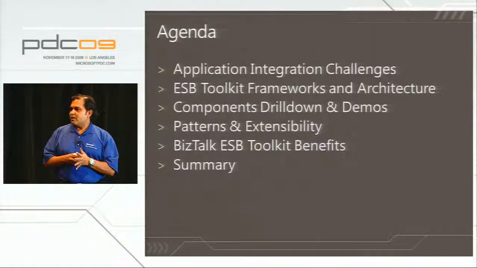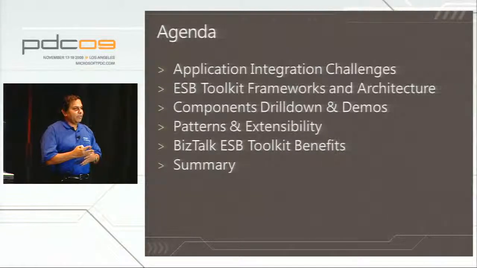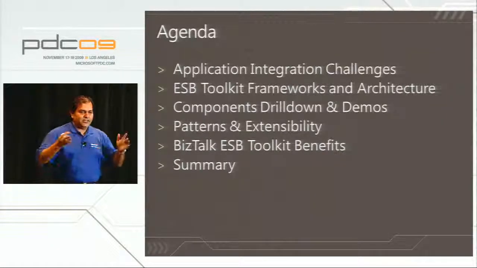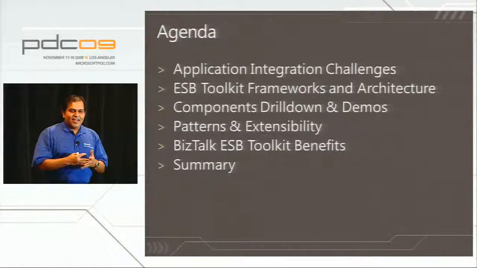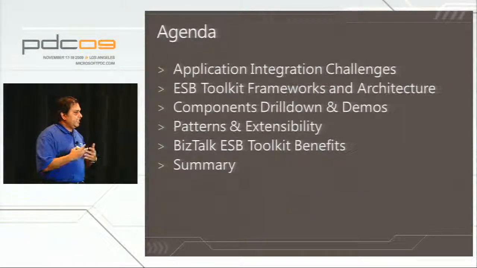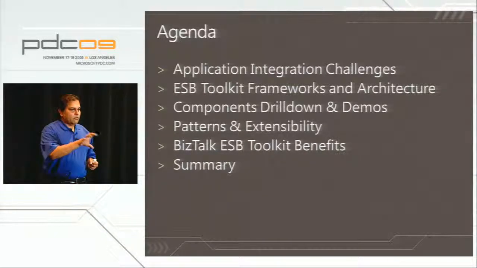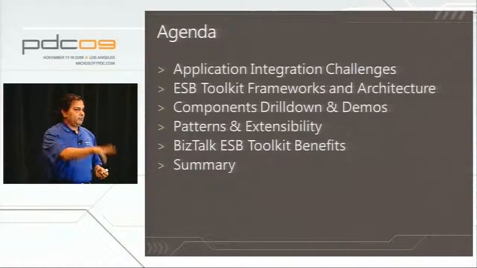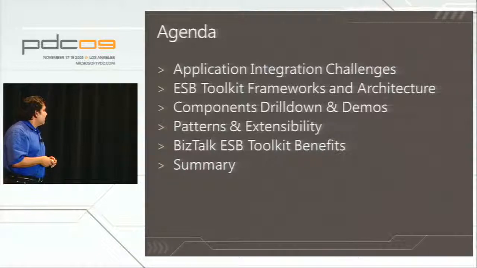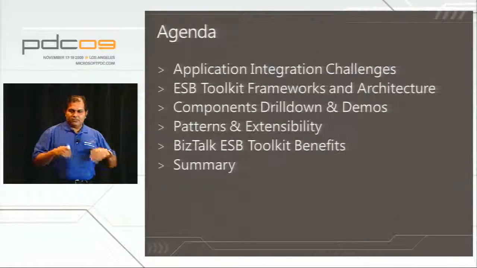We'll try to shoot for 5 demos to walk you through the itinerary designer, content-based routing, resolver, and you may not know what resolver is, but you will know by that time, and an extensibility scenario on how you can extend ESB Toolkit. Because one of the key things with ESB Toolkit is it was designed so that if you don't like something, you can just take that out and plug in your own custom component. So it's very modular in that nature. And then we will end up with a summary.